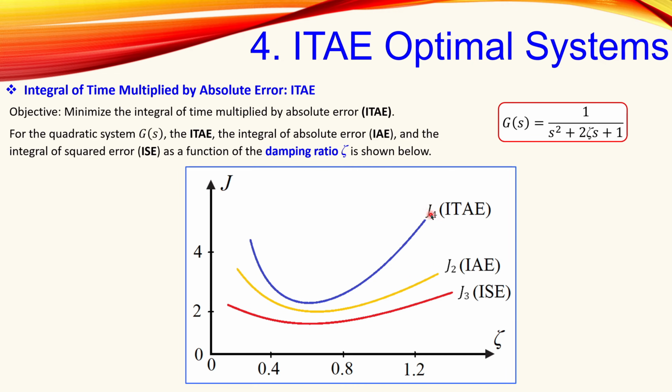Now for the J4, so ITAE, you see this is going in this fashion. And for this case, you see that the change is not that much, and also for the J3 it is not that much. So you can select, depending on what you prefer for your damping ratio, the specific performance index.